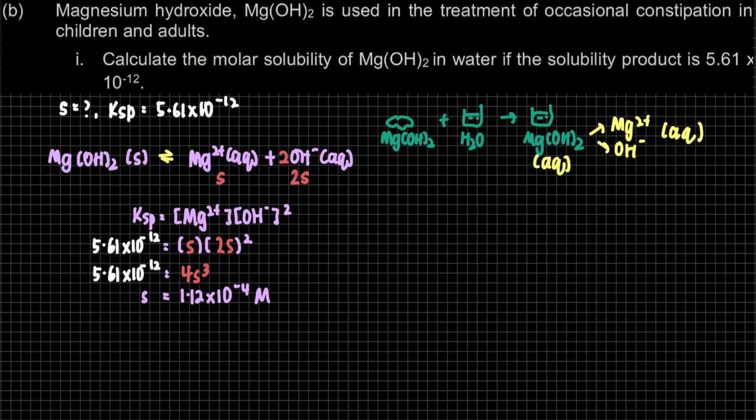For this question, it mentioned solubility product. When we talk about soluble, it means that the solid dissolves in water to form our aqueous solution. But for the aqueous solution, we don't write Mg(OH)2; we dissociate it further into Mg2+ and OH-. Then we make sure the equation is balanced. This one is the same as Ka and Kb: we write product over reactant.